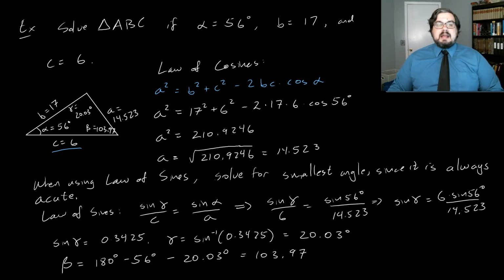Okay, let's look at how we use the law of cosines when all we're given is information about the side lengths. So let's solve triangle ABC if a equals 6, b equals 10, and c equals 11.